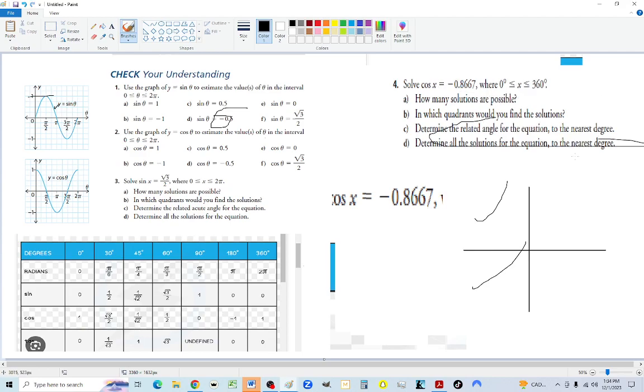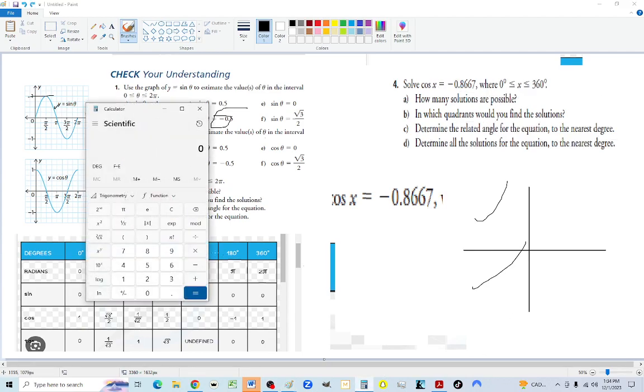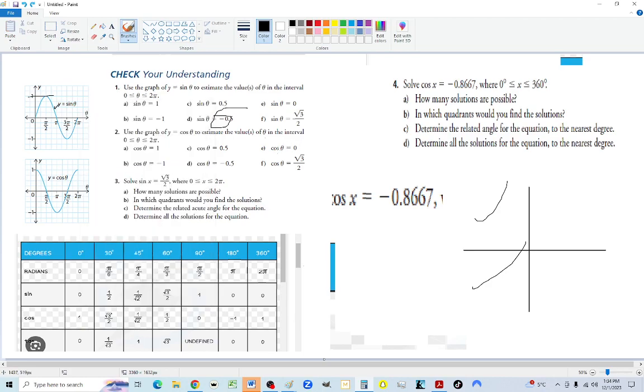Determine the related angle. Okay, so the first thing you do is take that number, 0.866, and you do arc cosine. I used 0.866 instead of the negative, and that's to find the acute angle.